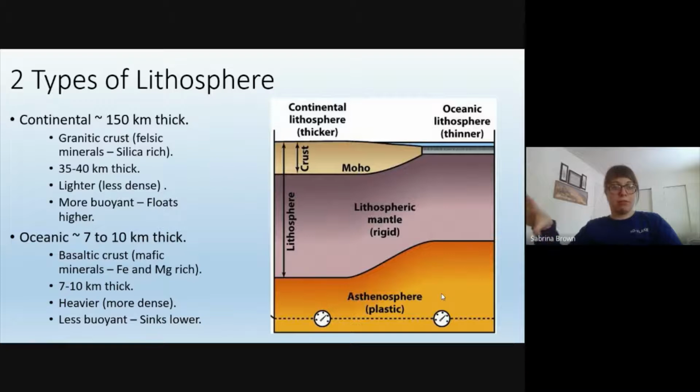Because it's heavier, it sinks lower. And so because the source for oceanic lithosphere is lower in the earth, it has higher amounts of magnesium and iron. So oceanic lithosphere is thinner, but it's more dense and thus heavier and thus less buoyant. And so it sinks lower into the mantle.